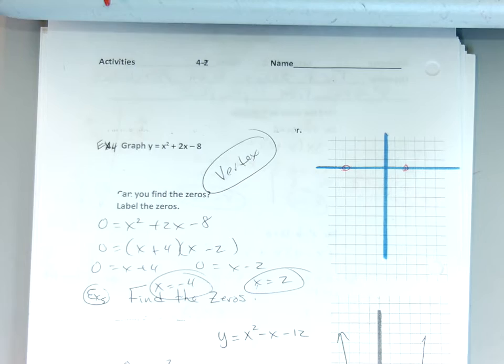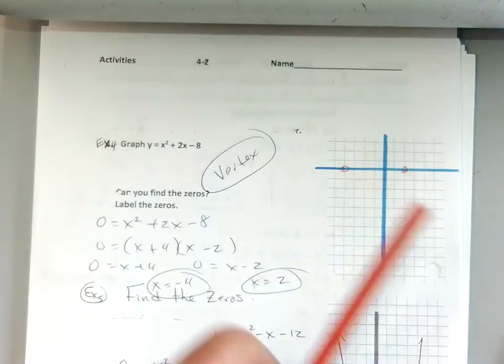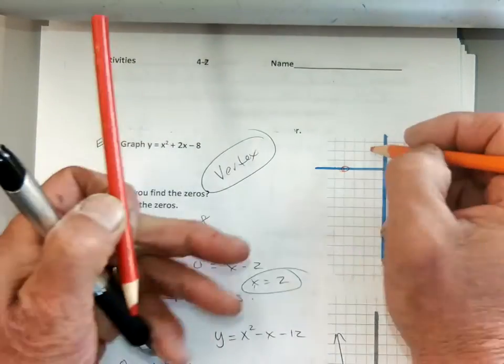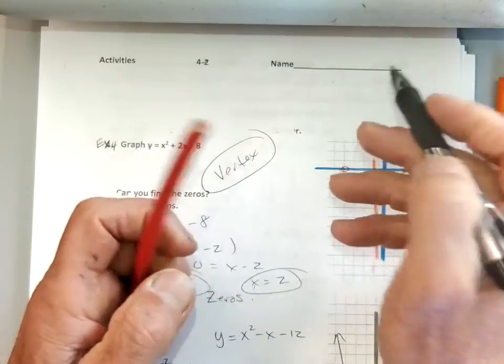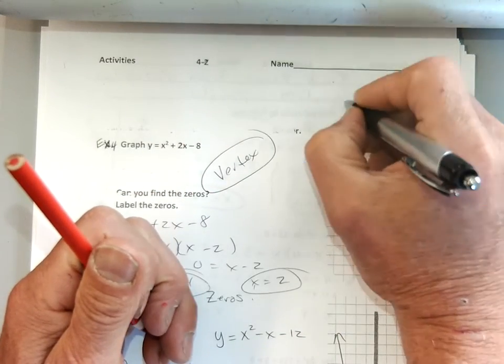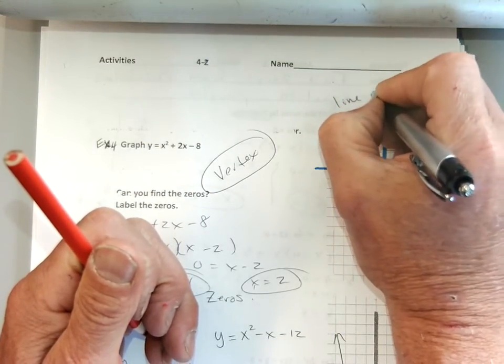So I agree with Gretchen that the vertex has got to be right smack dab in the middle of these two, which is right there. I've got x equals negative 1 as my line of symmetry.